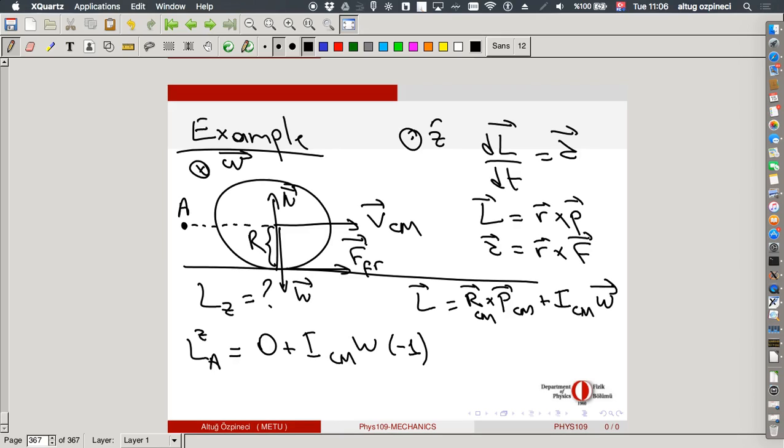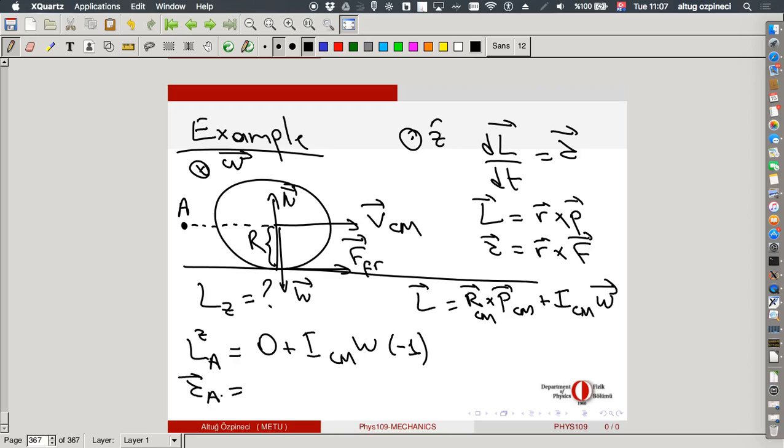Well, the normal force and the weight will create the same. Let's write the torque relative to the point A. What is the torque? I have these three forces, so I have to sum all the torques created by these three forces. Now, what is the torque created by the weight of the object relative to the point A?